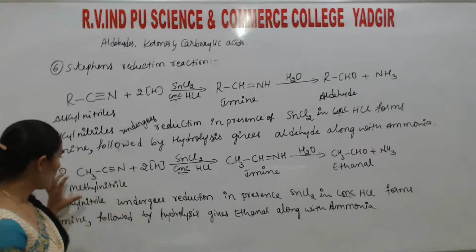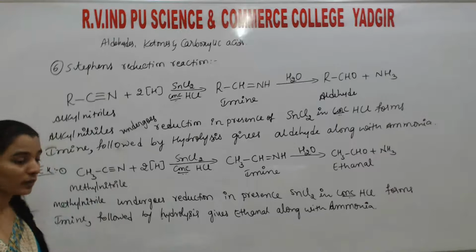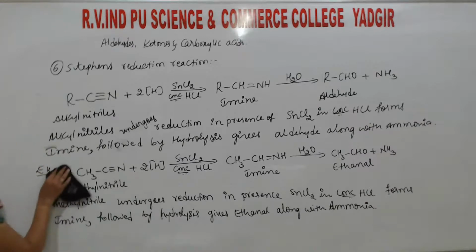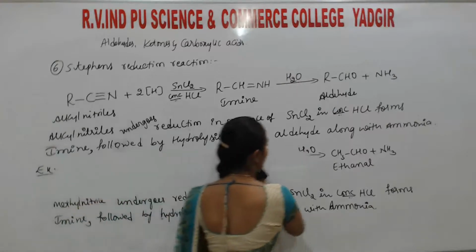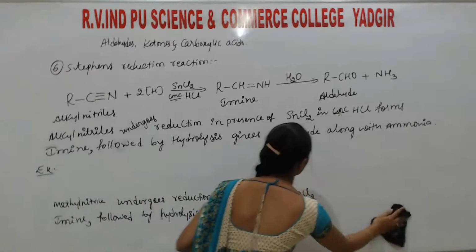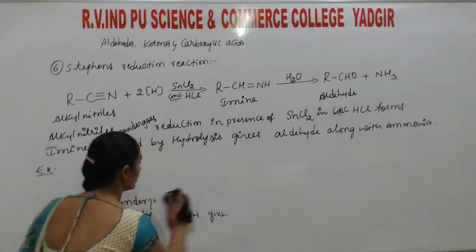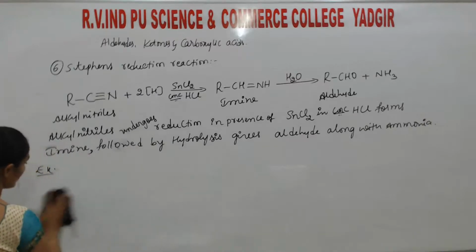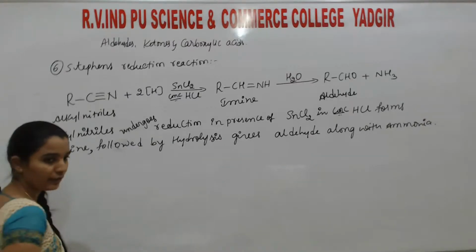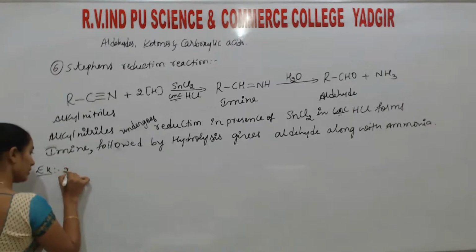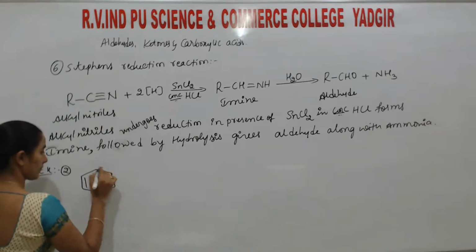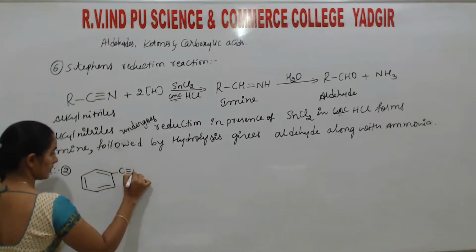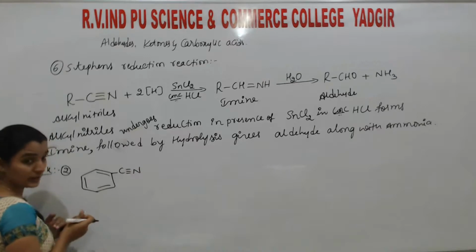This is one example. So if you take another one like benzene, example 2. Whenever you replace this by any other group, if you take benzene, that is phenyl nitrile, we take cyanobenzene.